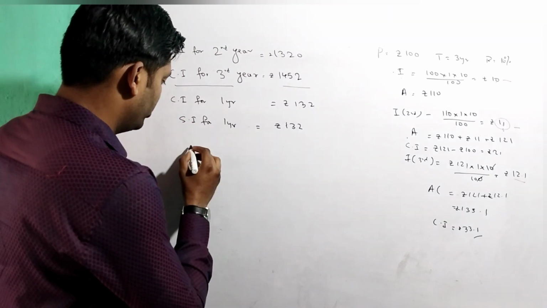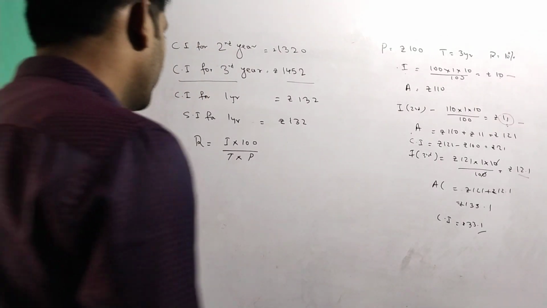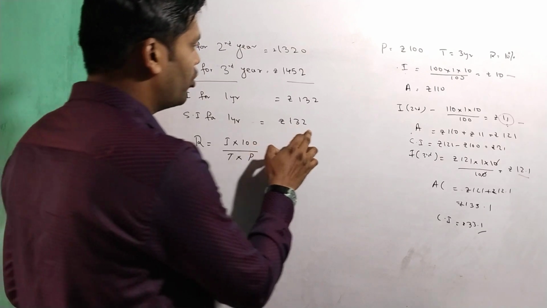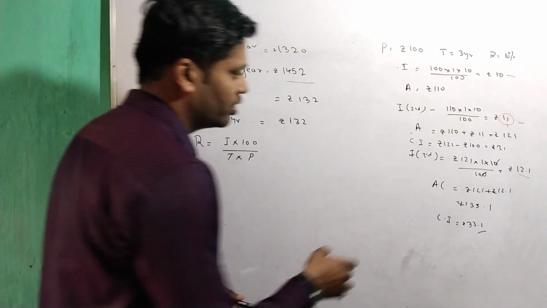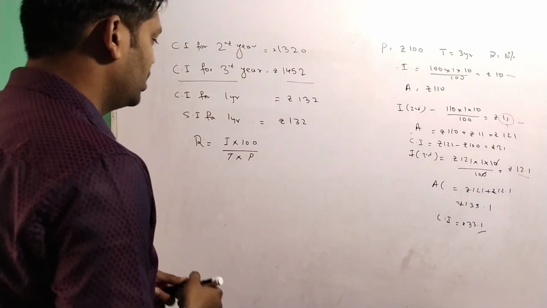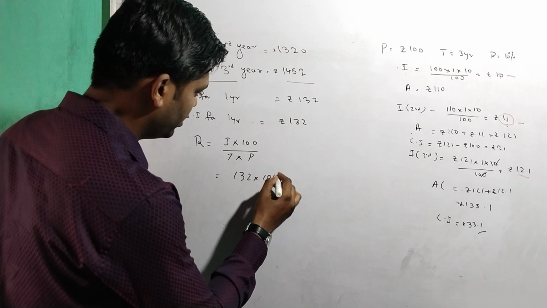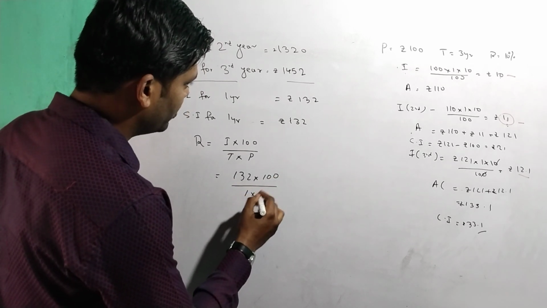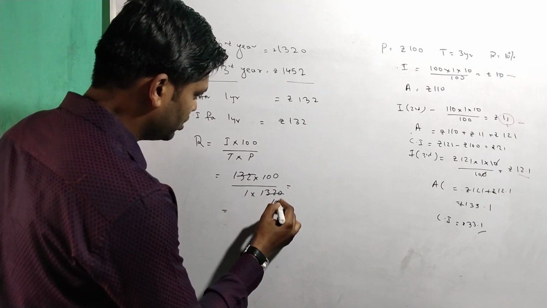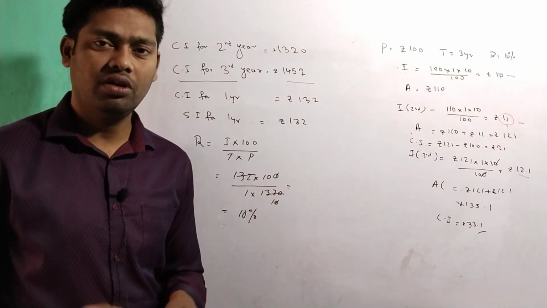So this is the interest which I am obtaining on the last amount. So interest is 132 into 100 by 1320, time is 1 year. So your answer will be 10%. 10% is your rate of interest.